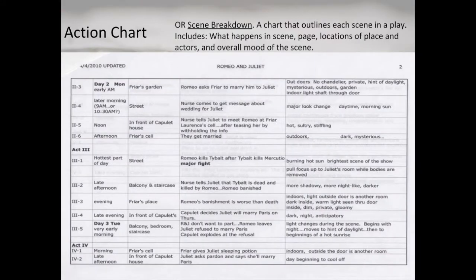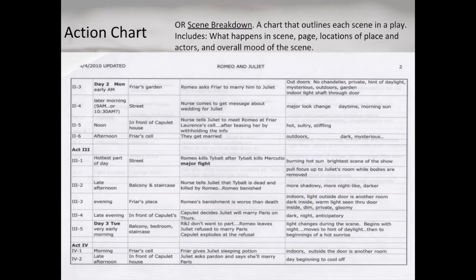A scene breakdown is a chart that outlines each scene in a play, and includes what happens in the scene, page, locations of place, and actors, and overall mood of the scene. I lied to you. A scene breakdown does not have all of that, but an action chart that a designer would make does. So as you can see in this example, it says the act.